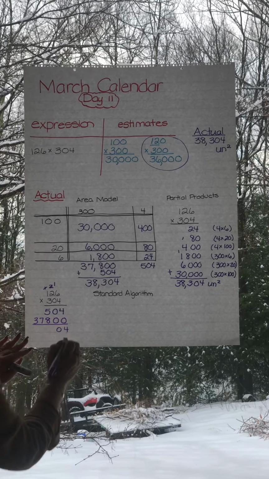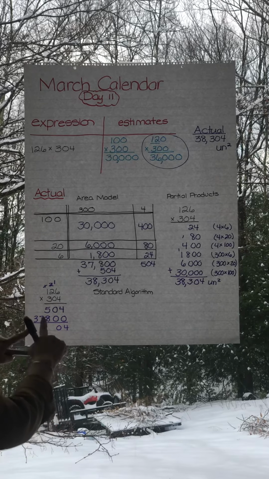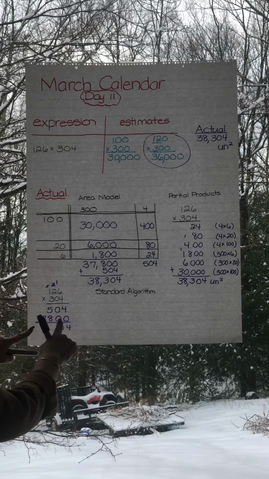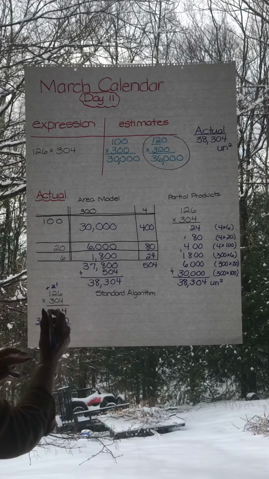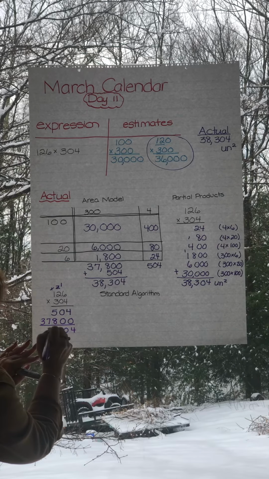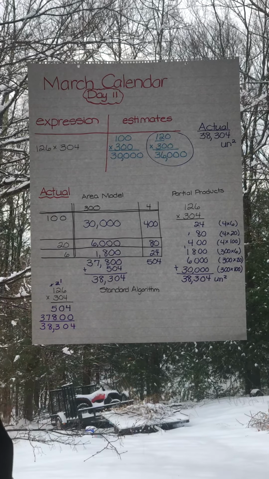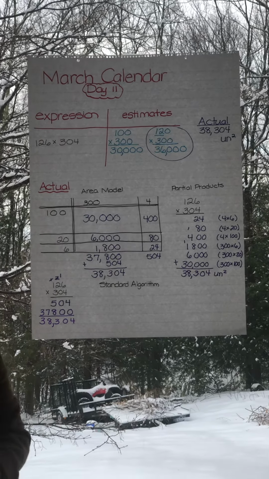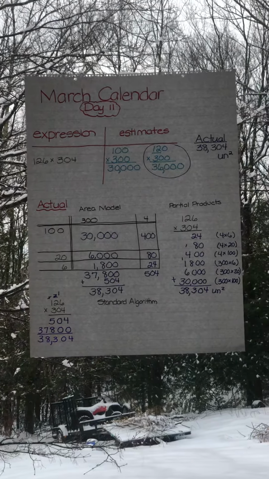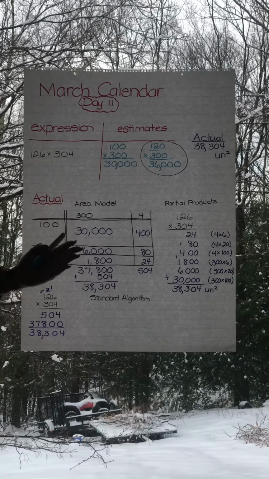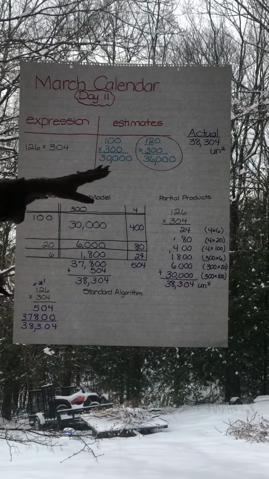Then we add up our only 2 partial products, but we can see where we got this one from. 13, 8, 3, and again, we get 38,304.